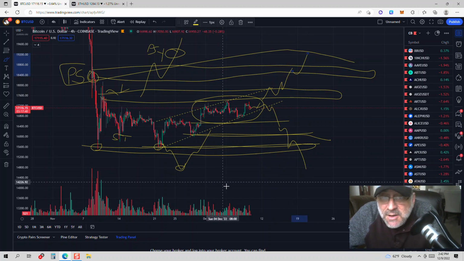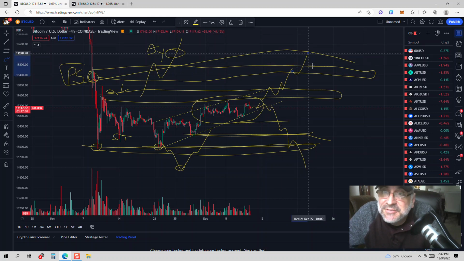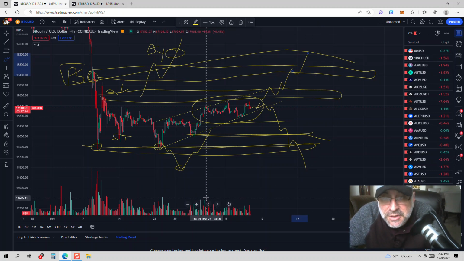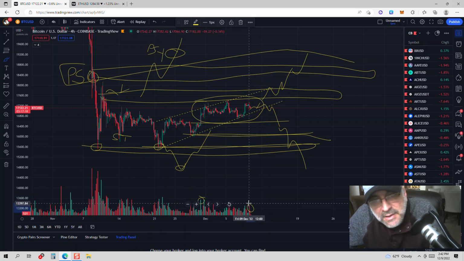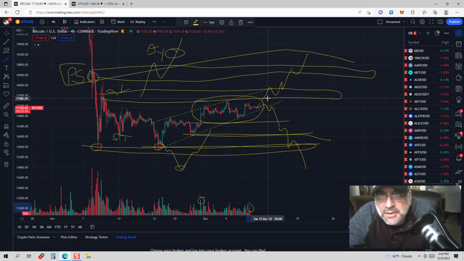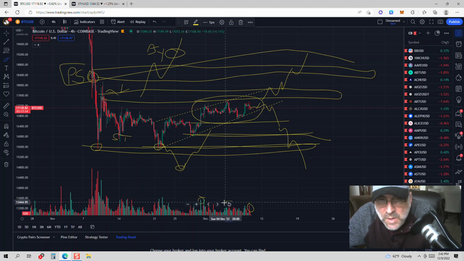But right now, I don't see that kind of volume coming in, at least not in this range, to hearken something like that, a kind of lunar event. That would be a real lunar event if it busts through that. I don't see lunar demand in here. I see supply reemerging now as we grow closer and closer to the confluence of this wedge.